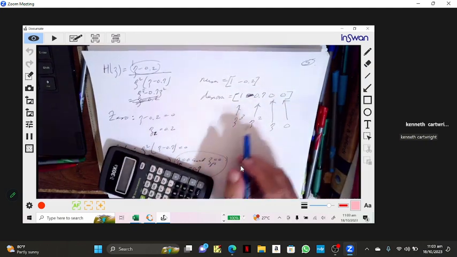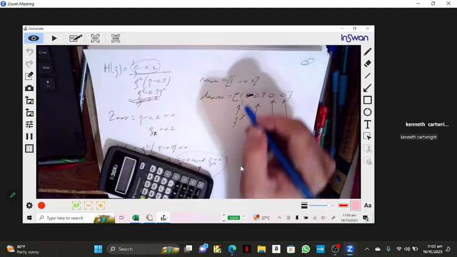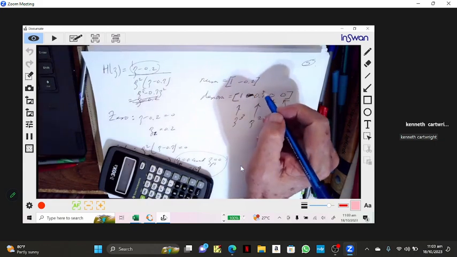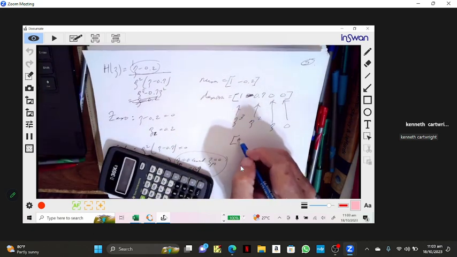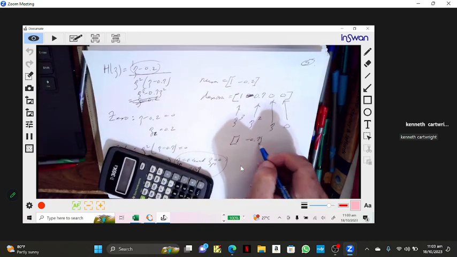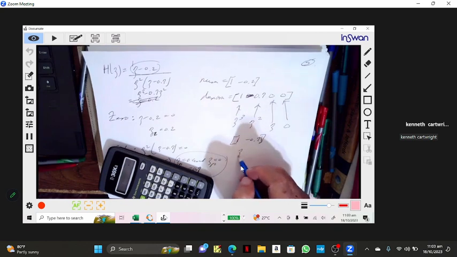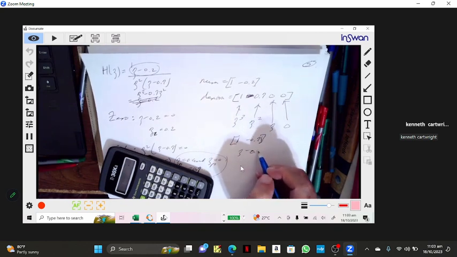Well, if you just put 1, negative 0.7, Octave is going to think this is z minus 0.7, isn't it?